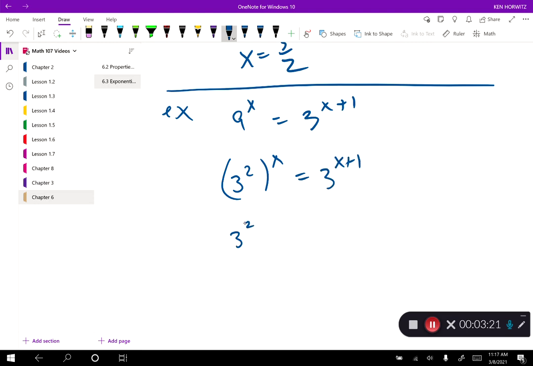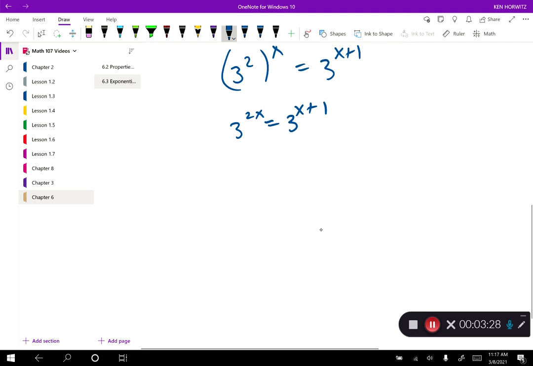So that's 3 to the 2x equals 3 to the x plus 1. And then again, I can use my one-to-one property to say 2x equals x plus 1. Subtract x from both sides, and I get x equals 1.